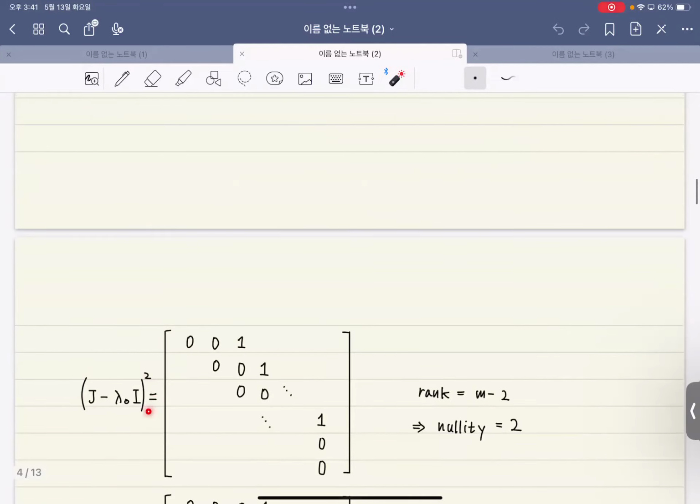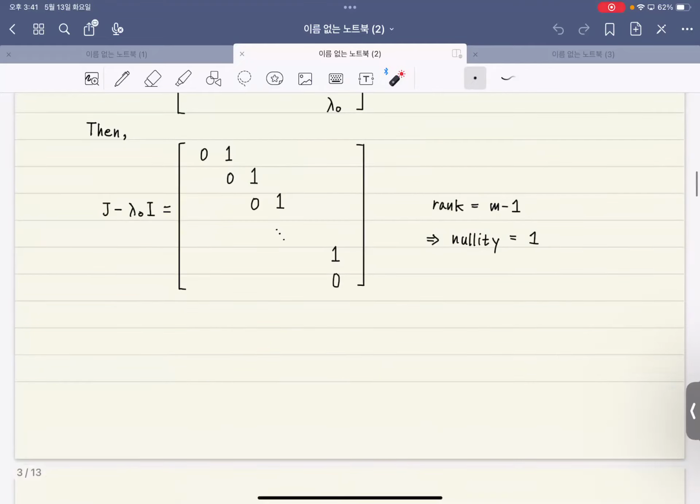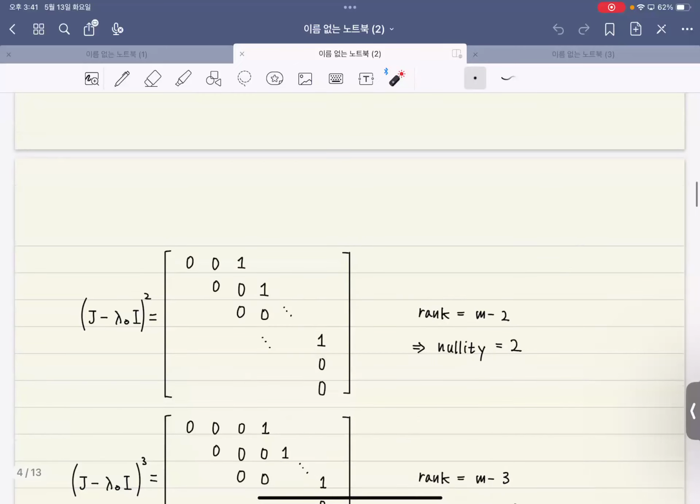So this is squared, which is a very simple computation. If you square this matrix, you get a bunch of zeros here and there, and another diagonal consisting purely of ones, and all the other entries equal 0. This is J minus lambda 0 times I squared.